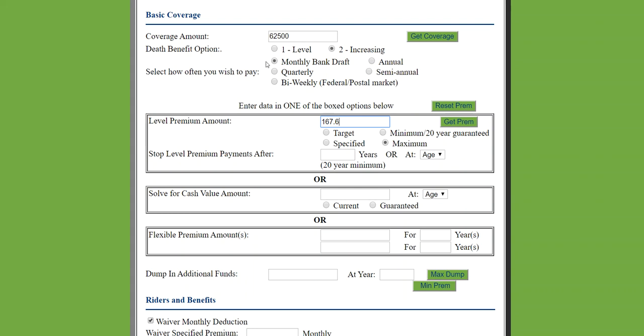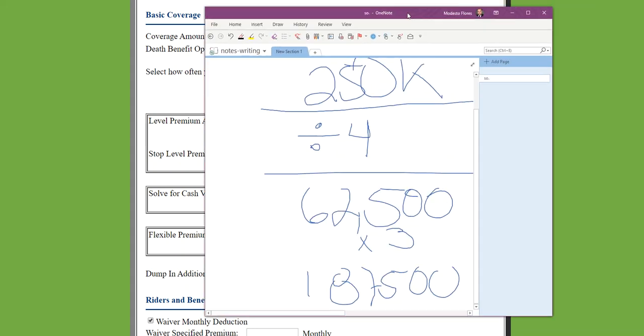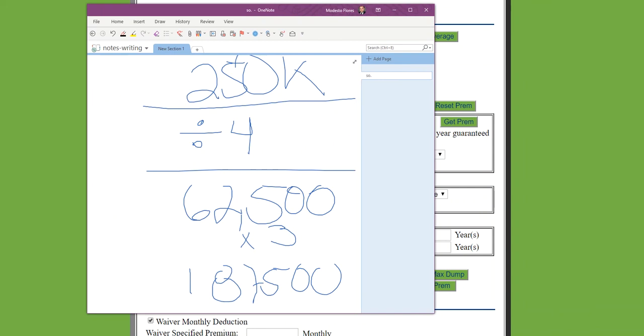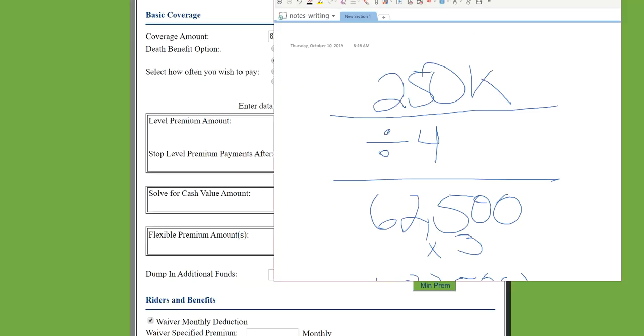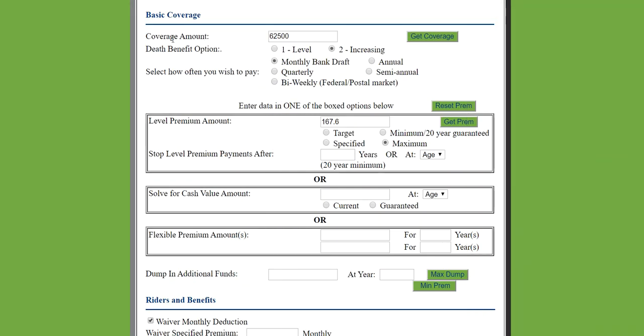Then you get into a different ratio, maybe a 2-to-1 or a 1-to-1 ratio. The UL coverage amount indicates what the maximum would be in the policy.